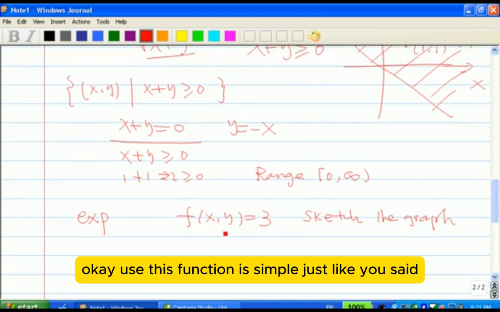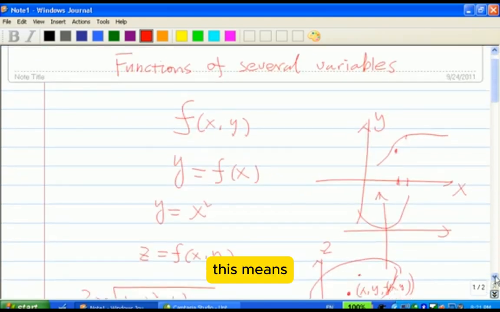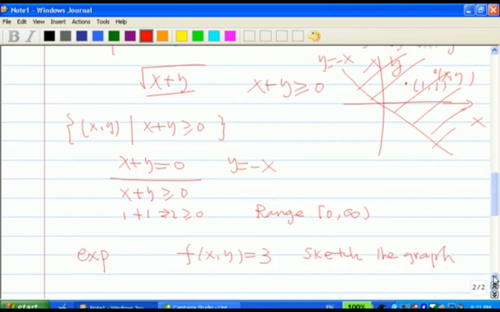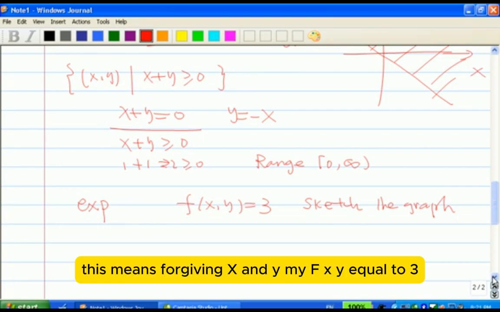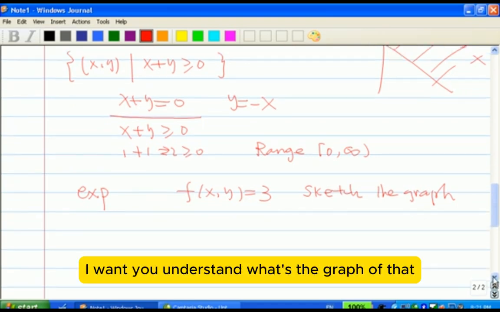Just like you said, I don't see x, y in this expression. What does this mean? This means for given x and y, my f(x,y) equals 3. First of all, I want to understand what's the graph of that.